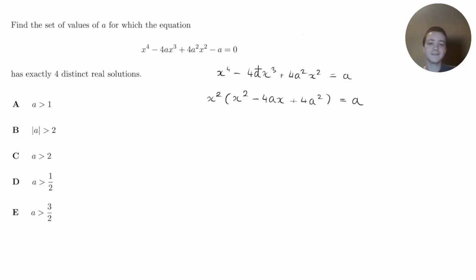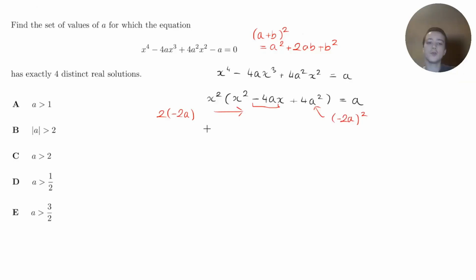Now, this quadratic is a lot more approachable, and we can actually spot the factorization directly if we remember that a plus b squared in general is a squared plus 2ab plus b squared. You can spot over here that the x coefficient is 2 times minus 2a, and the constant term is minus 2a squared.